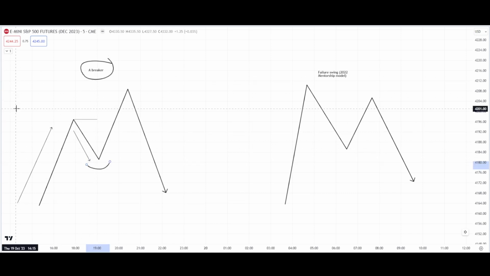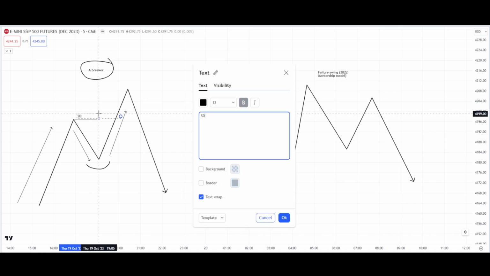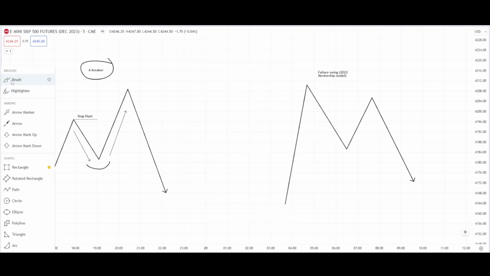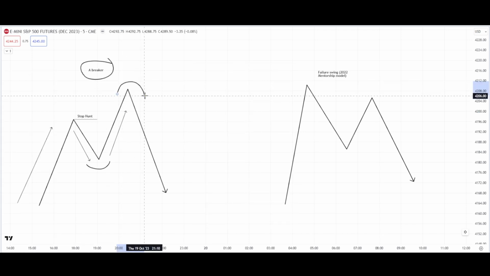After that short-term low is created, we get another move higher. This second move higher takes out the initial swing high, causing a stop hunt. The new swing high is created.